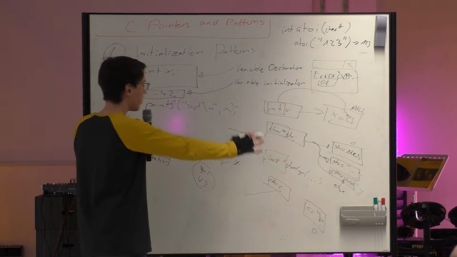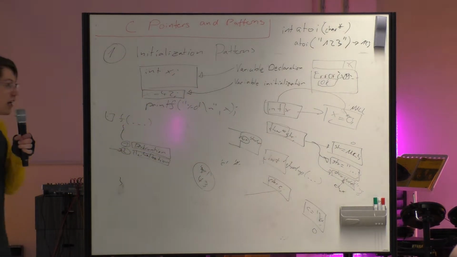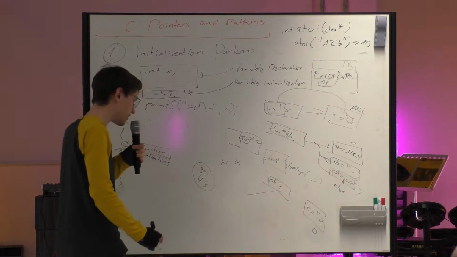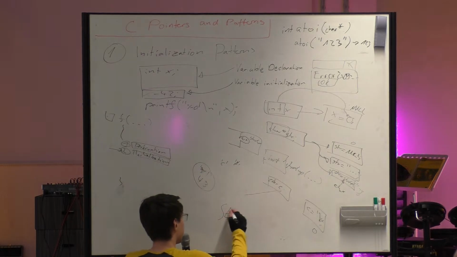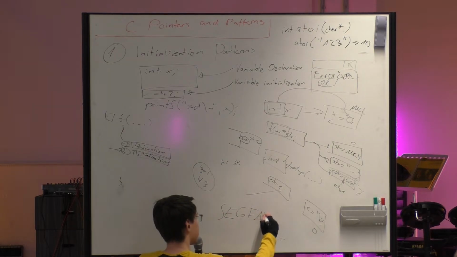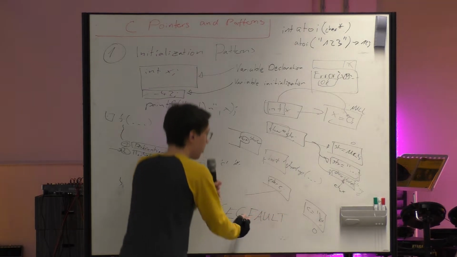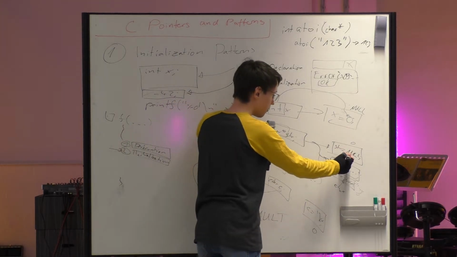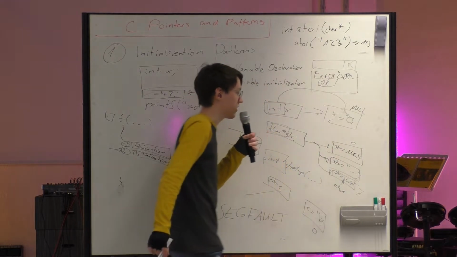All the different errors, all the different kind of mistakes that you can make, are all rooted within initialization patterns. So whenever you see something like a segmentation fault, it's often the case that you have put a weird value into a string.